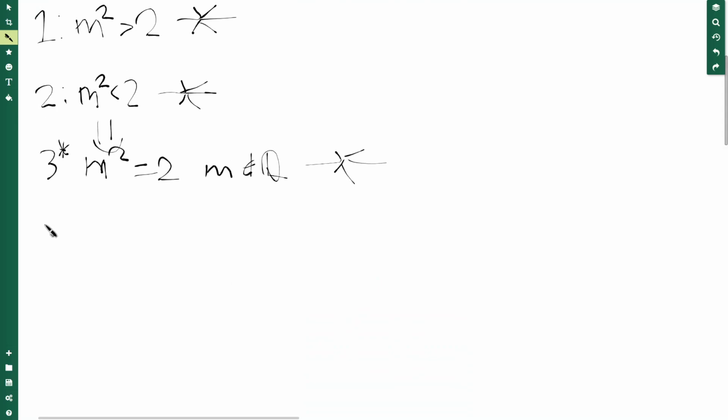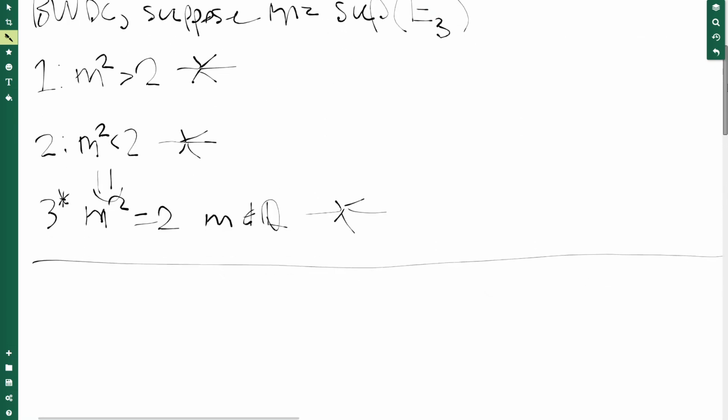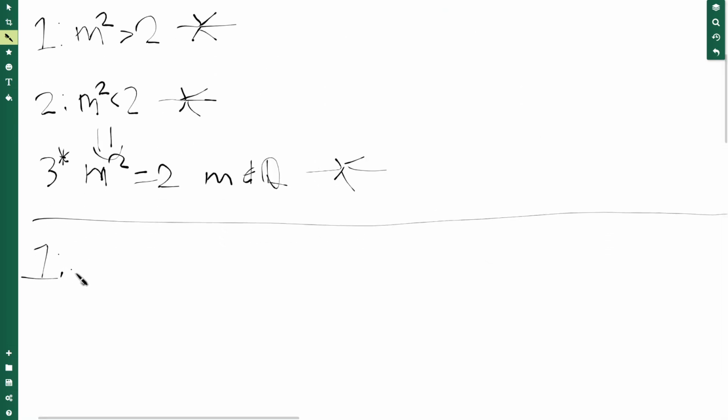Okay, so first, let's cut off here. How much space do we have? Oh, we have plenty of space. Okay, so we have this first case, m squared is greater than 2. Recall that if m is the supremum, then it's the least upper bound.